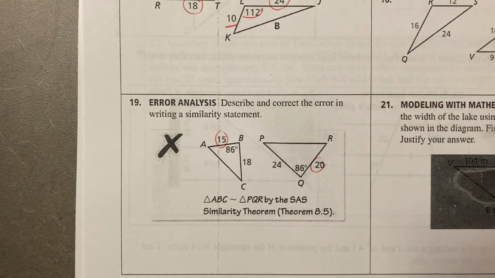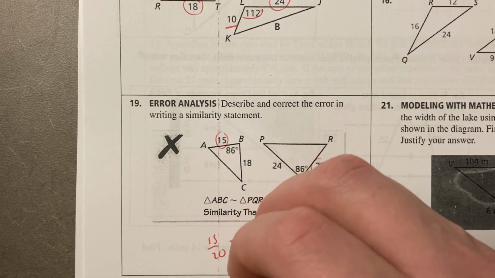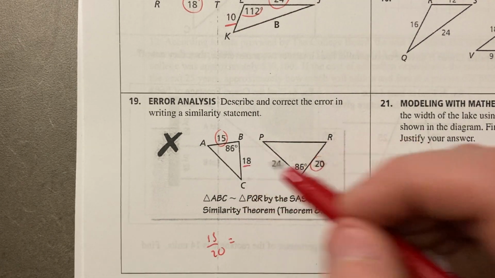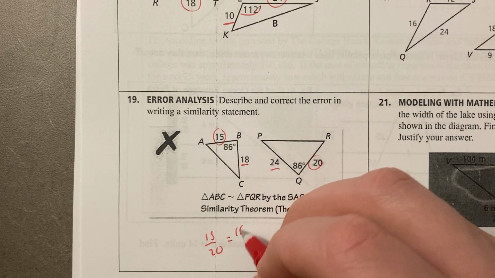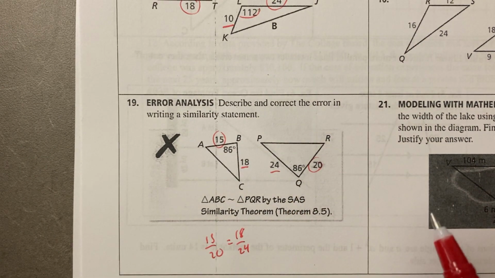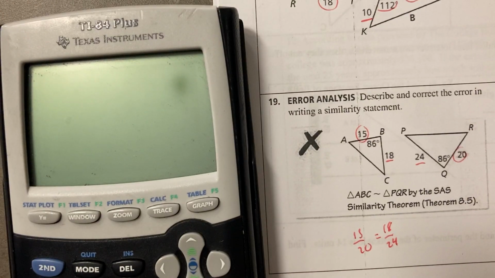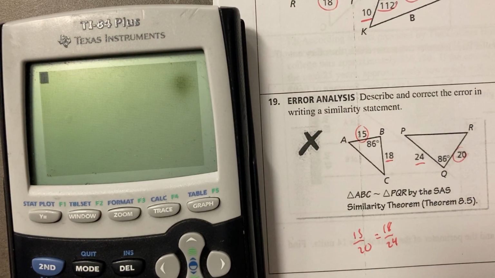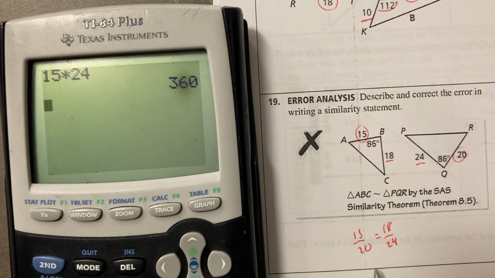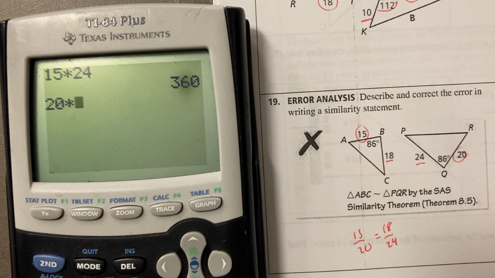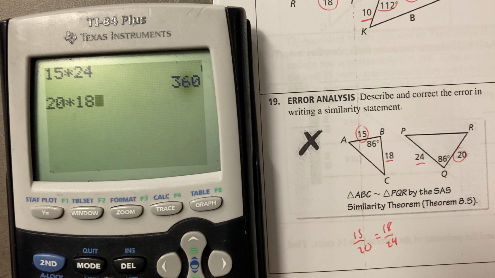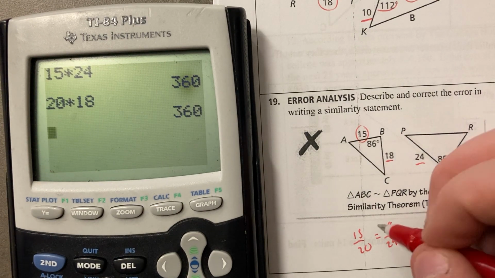So 15 would match up with 20, and 18 would have to match up with 24. Let's check that out. We can do a quick little cross multiplication to see if that is true. So 15 times 24 and 20 times 18, you know what, that works. 360. So that is proportional.